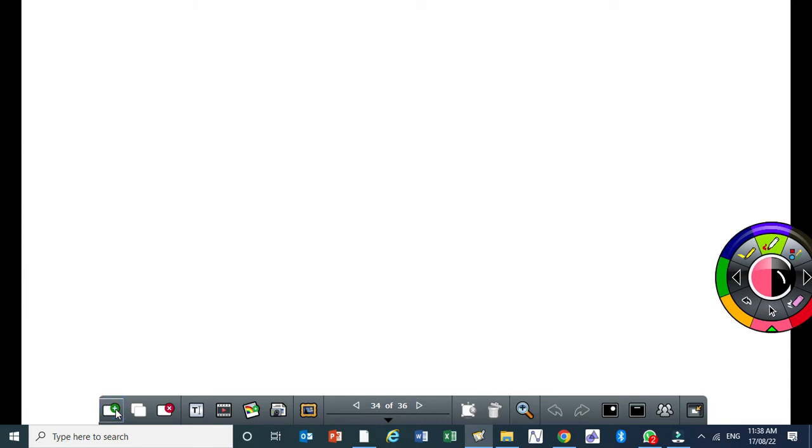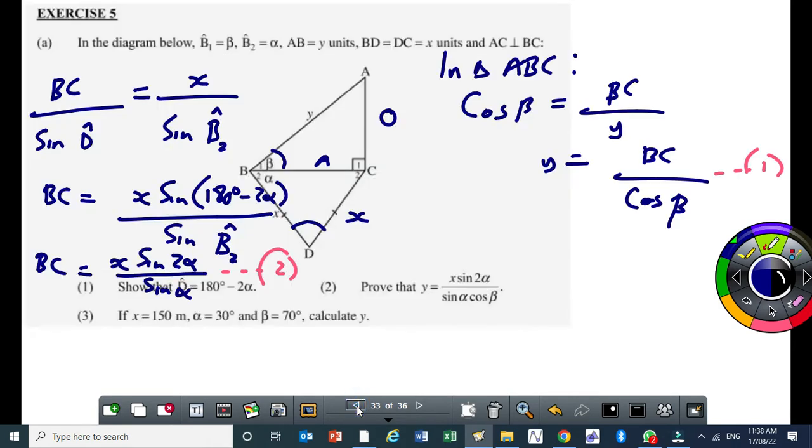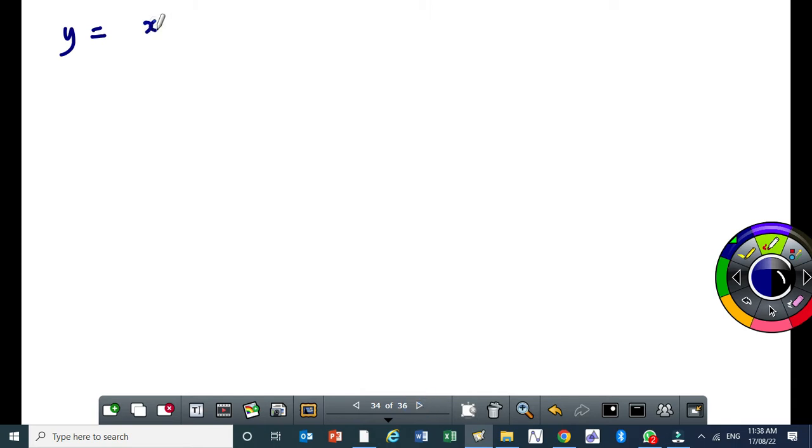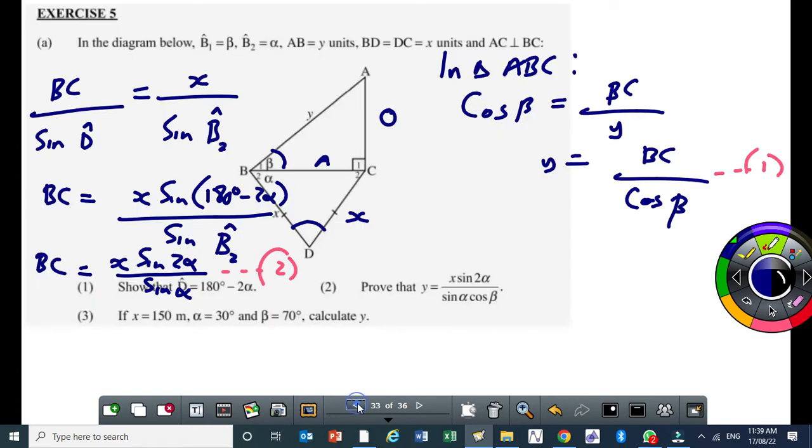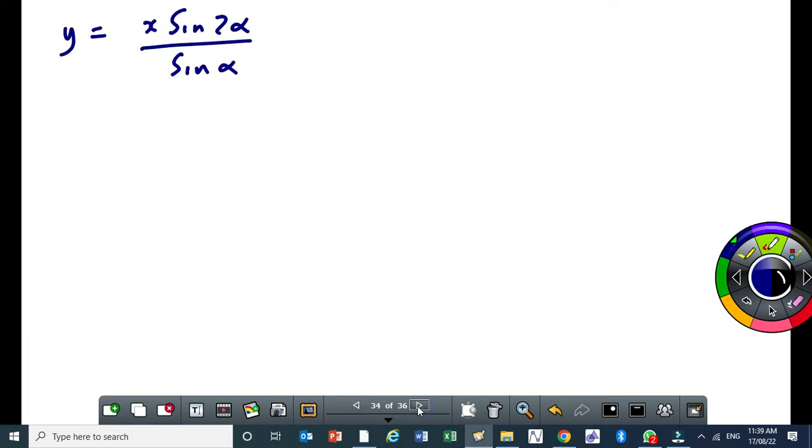Already I'm smiling because things are on track. So this will be y equal to BC, which is x sine 2 alpha over sine alpha. Now, because BC is dividing cos beta here, it would be better to introduce the division line to make things easier.